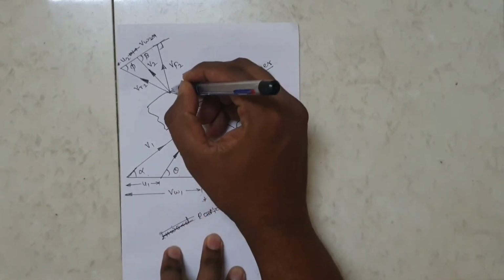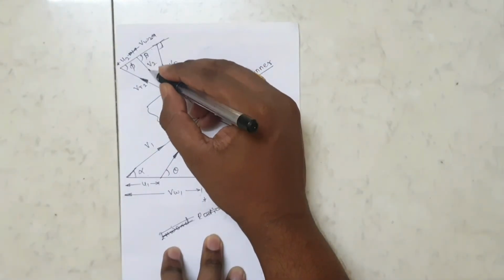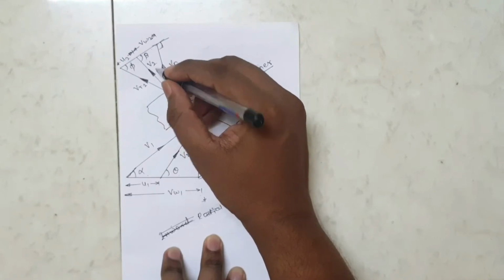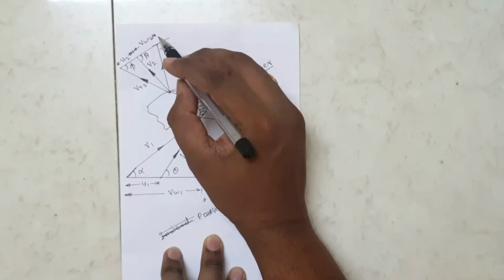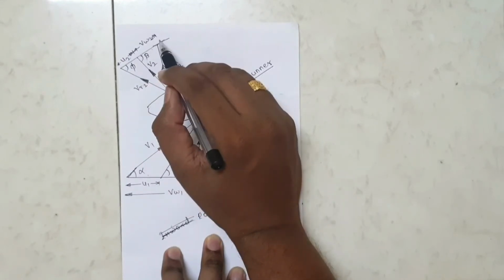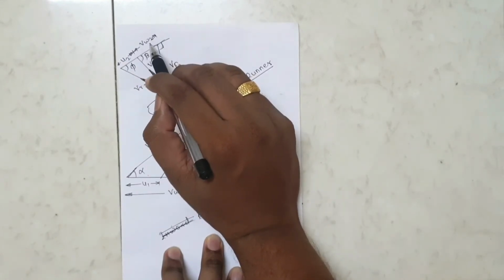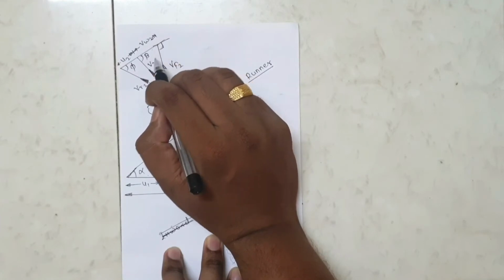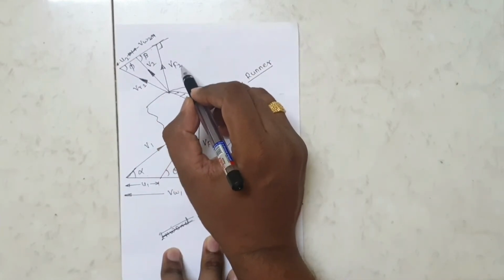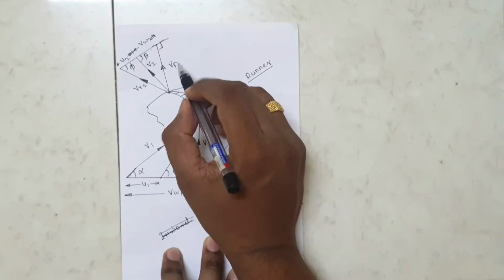And this is the outlet velocity of water, the absolute outlet velocity of the water. That outlet absolute velocity has two components. Similarly, one is vertical, another is horizontal. The horizontal component is V2 cos beta, that is equal to the whirl velocity, and the vertical component is V2 sin beta, that is equal to the flow velocity.